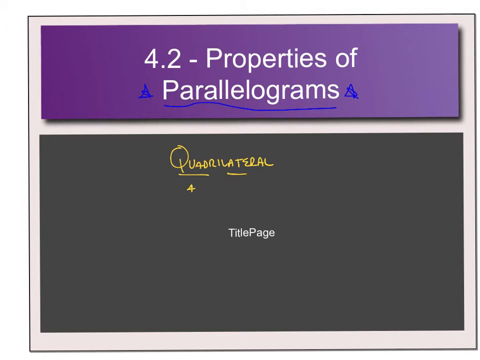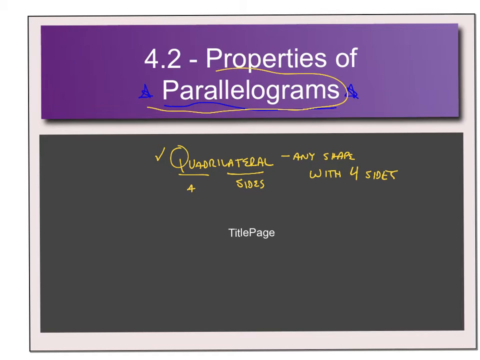Quad meaning four, lateral meaning sides. So a quadrilateral is any shape with four sides.